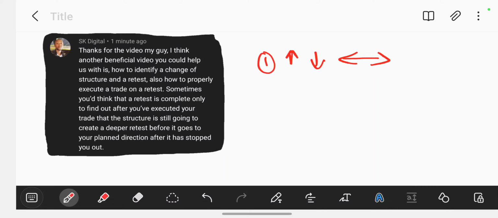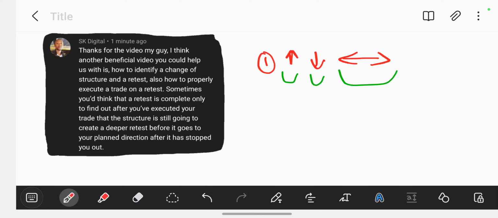So for you to be able to tell that the price now is no longer going in the initial direction, or one of those three, if it was going up, for you to say it's no longer going up, or if it was going down, it's no longer going down, or if it was moving sideways, for you to say the structure now is changing, it's no longer moving sideways, you first need to be able to define that sideways move.